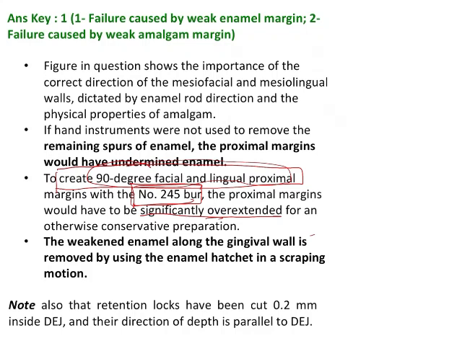Even if you have to overextend it, you have to give a proper 90-degree angle with the margin of the restoration and the margin of the tooth, right? The weakened enamel along the gingival wall is removed by using the enamel hatchet in a scraping motion.